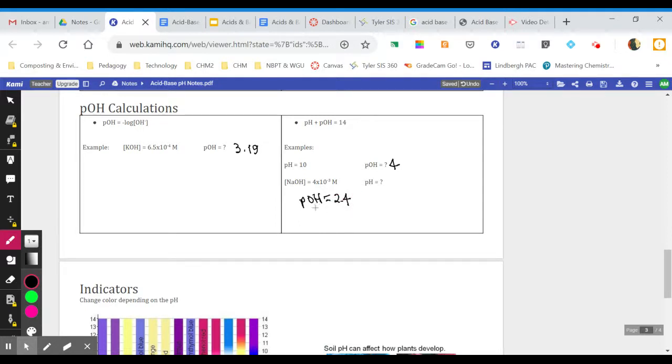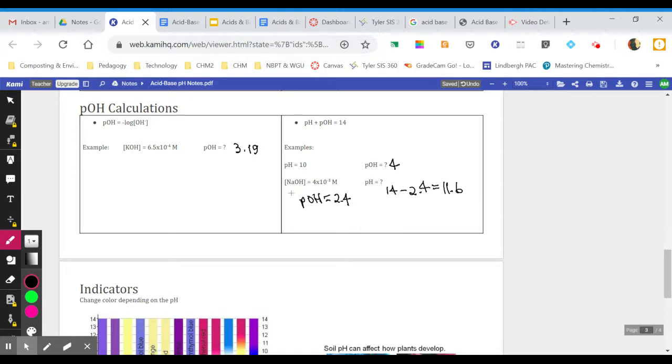But that's the pOH, and most other scientists don't care about that. They really want to know the pH. So to figure out the pH, I would take 14 minus this number. 14 minus 2.4 would then give us a pH of 11.6. And so therefore we would know that this is very basic, which makes sense because OH indicates a base.